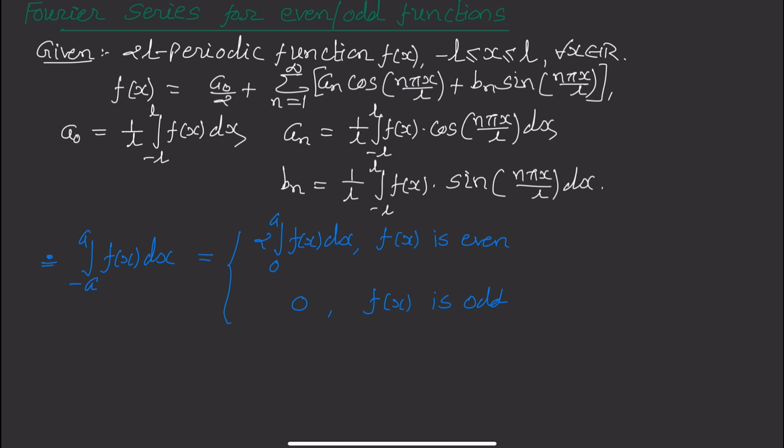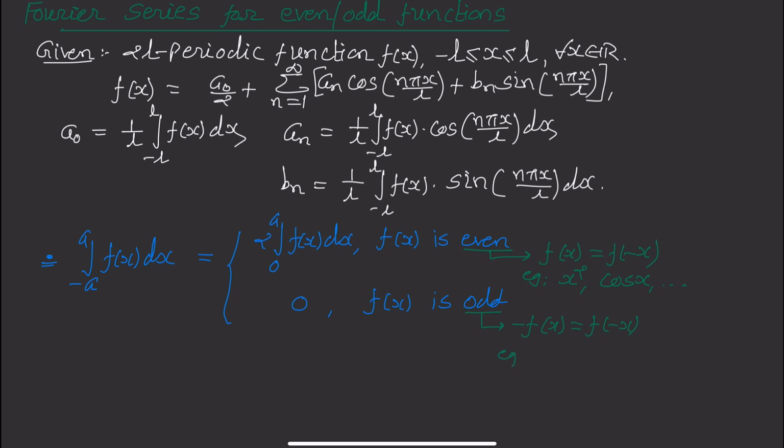Now, do you know what is even function? When we can say that f of x is same as f of minus x, then this is called even function. For example, f of x is x square, cos x, etc. These are the examples of even functions. Which are the odd functions? When we can say that f of x is equal to minus of f of minus x.